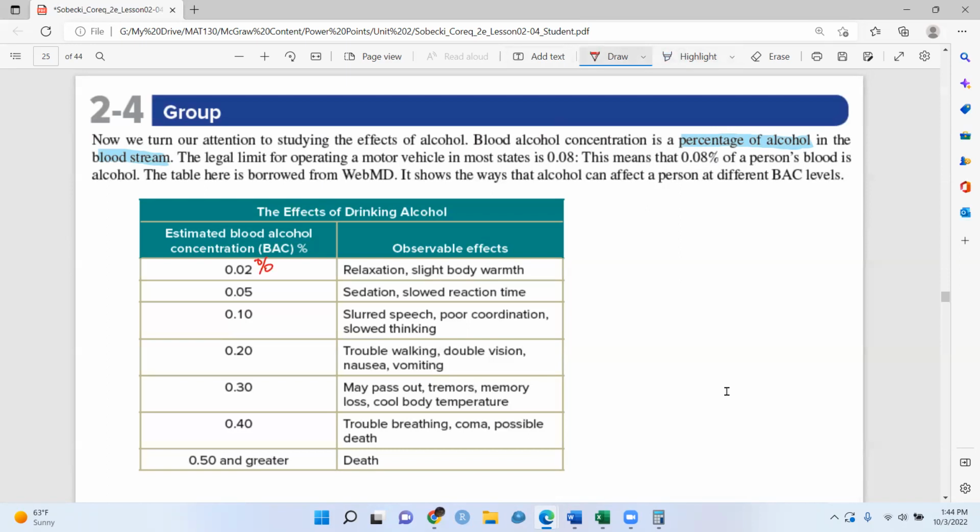So this is not 2%, it's 0.02%. If 2% of your blood was alcohol, you would have been dead for a long time, right? They're saying if 0.5% or more of your blood is alcohol, you are not alive anymore.